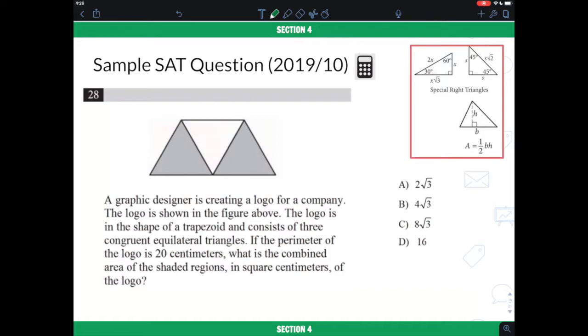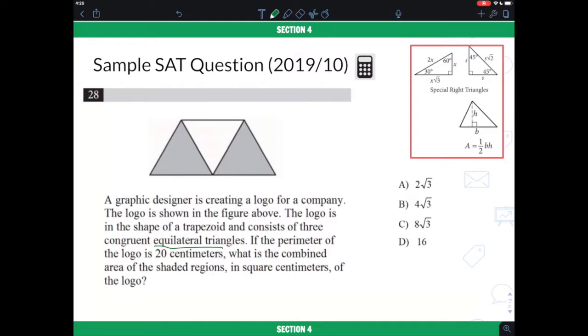Okay, so what you see here is a little trapezoid, and it is made by 3 equilateral triangles, and it provides some very crucial information. First, each one of these triangles is an equilateral triangle. The perimeter is going to be 20 centimeters.